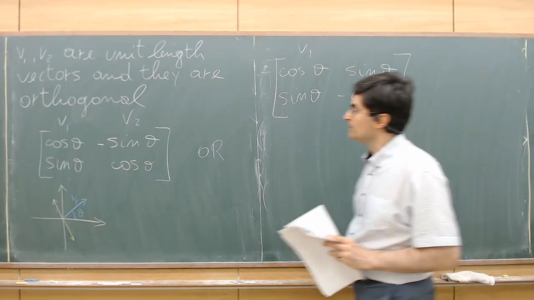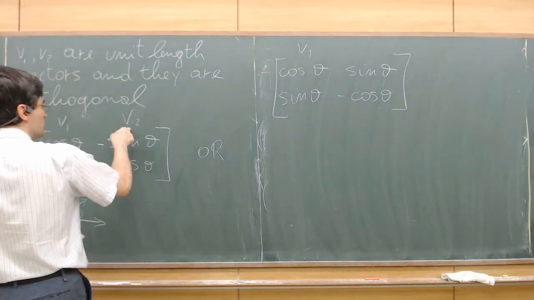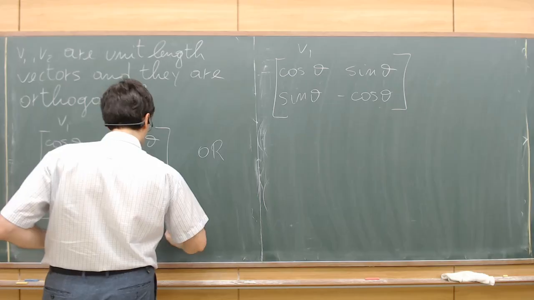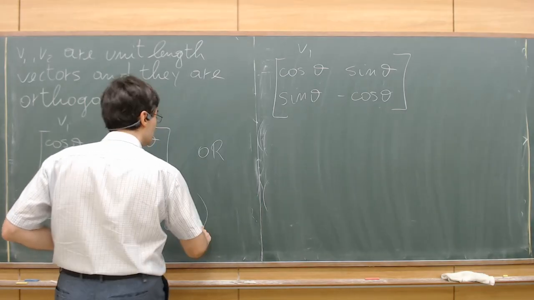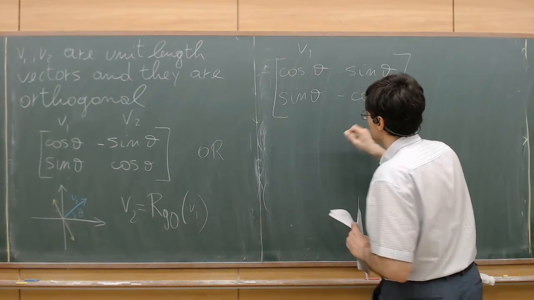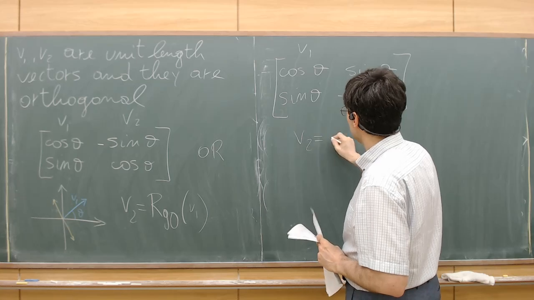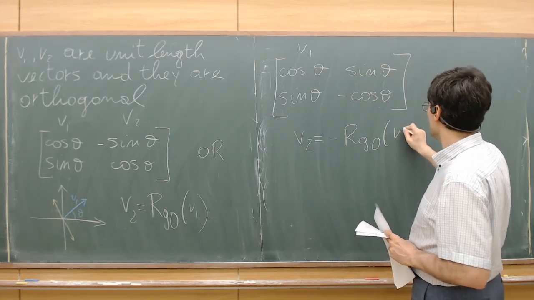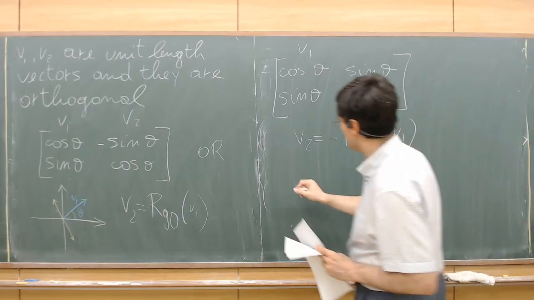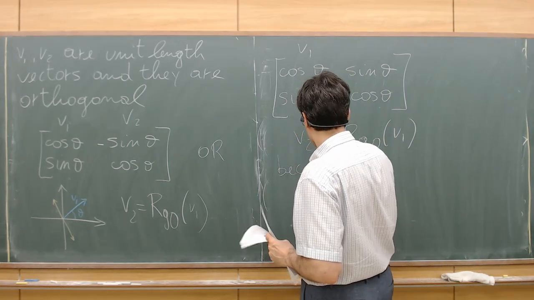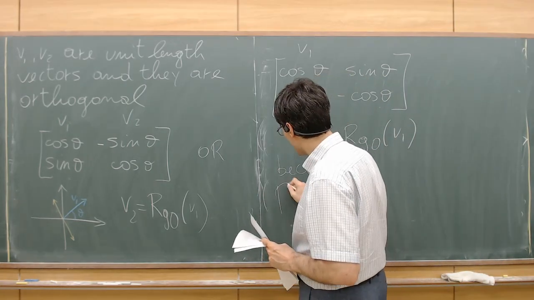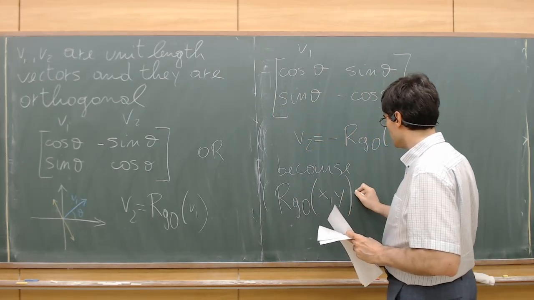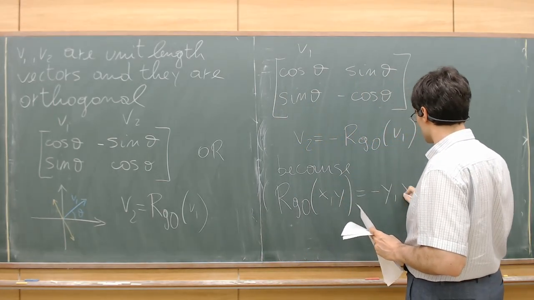So it's now immediate to say that V2 in this case is R90 V1, and in this other case V2 is minus R90 V1. Why? Because R90 of the vector with components x, y is minus y, x.